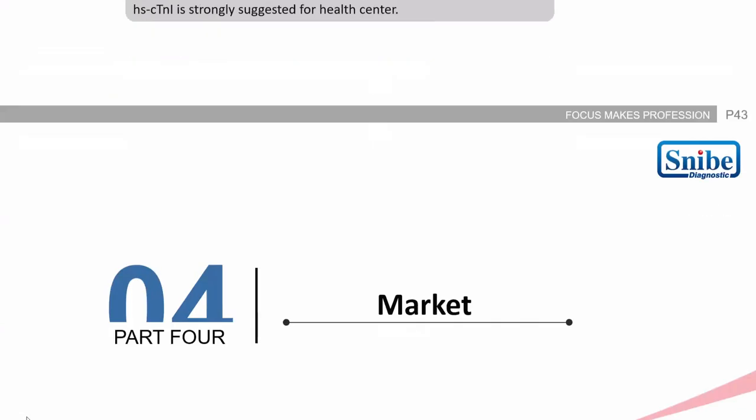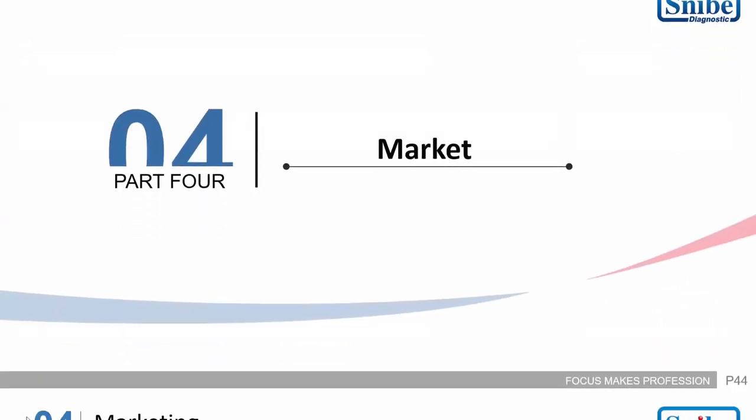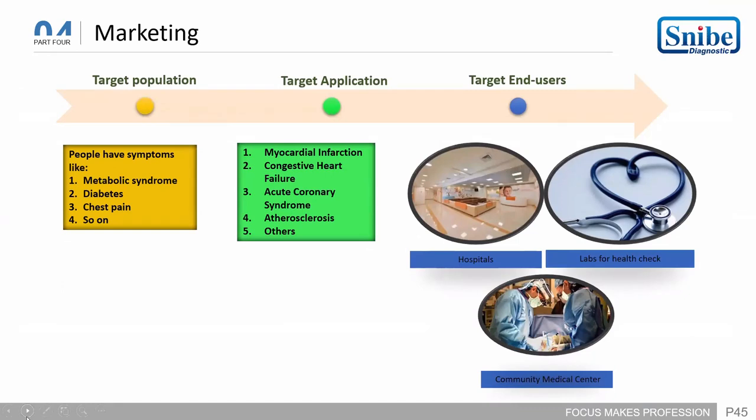So if we go to market analysis, as you know, the number one cause of natural death globally is coronary heart disease. The target population is people with symptoms of metabolic syndrome, chronic diabetes, chest pain and other symptoms. If they want a screening, they will go for testing of these cardiac markers.